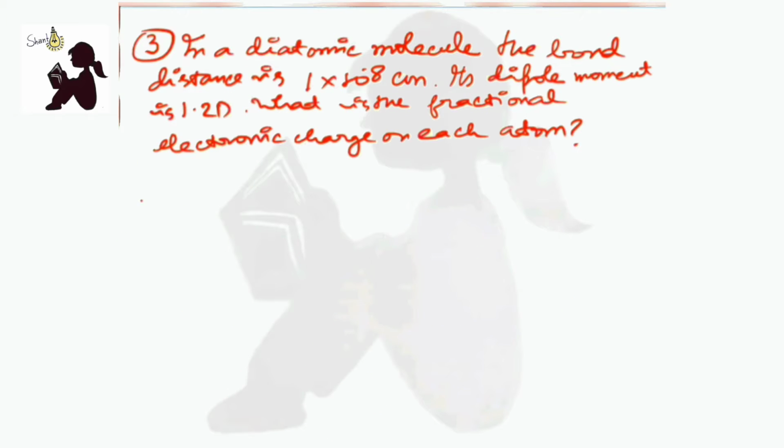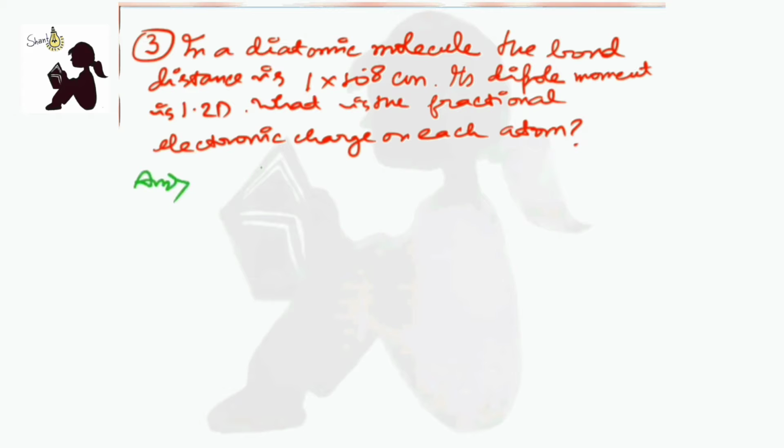Now let's see the third question. In the third question, we can see that in a diatomic molecule, the bond distance is 1 into 10 to the power minus 8 centimeter. Dipole moment is given. What is the fractional electronic charge on each atom?